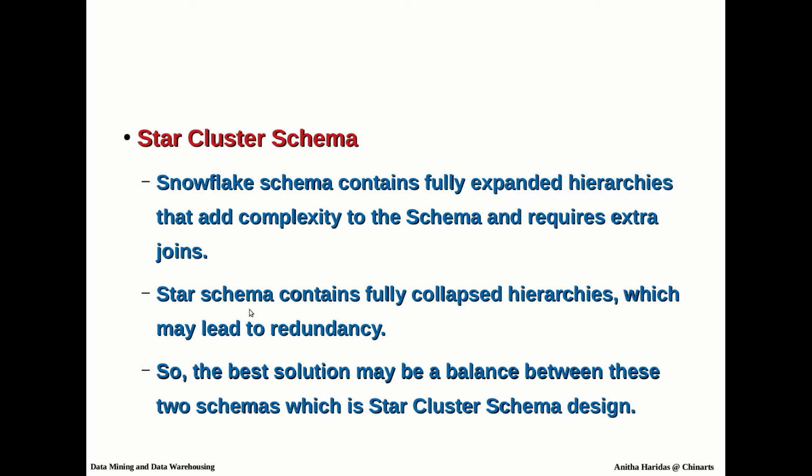Whereas the star schema contains fully collapsed hierarchy. All the hierarchy is collapsed together into a single table, which will have redundancy. So to balance them, these two schemas can be combined together, which you call a star cluster schema design.